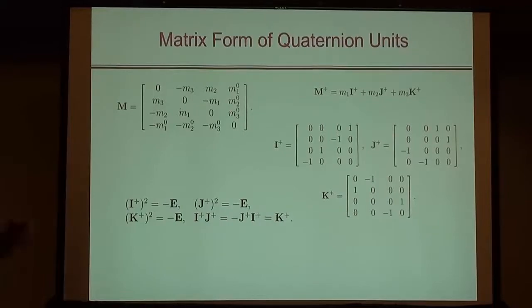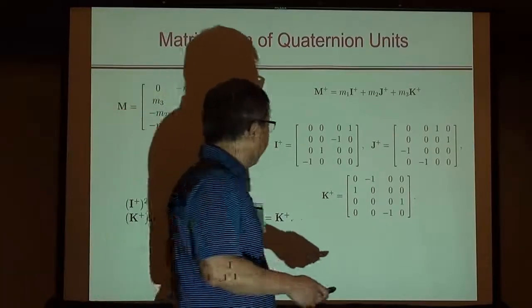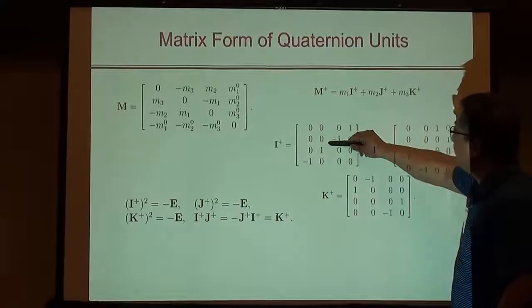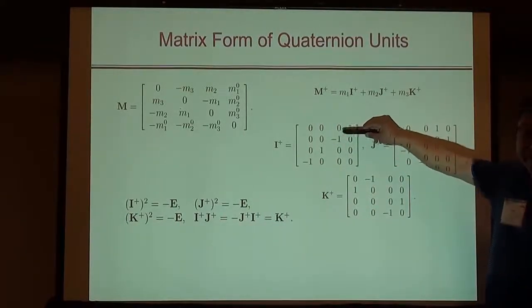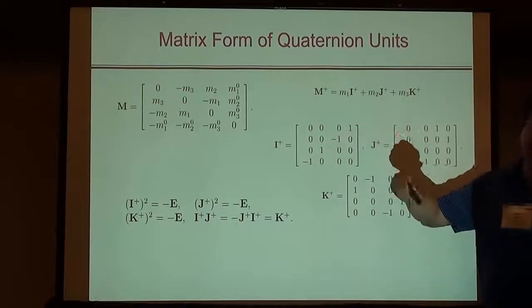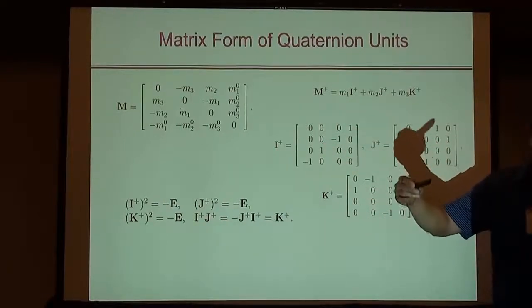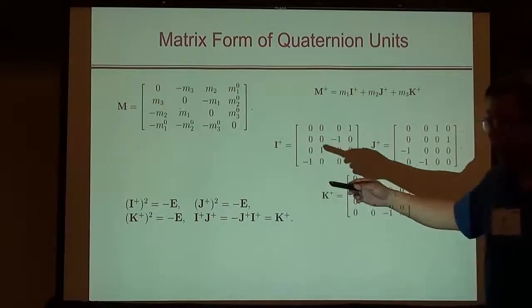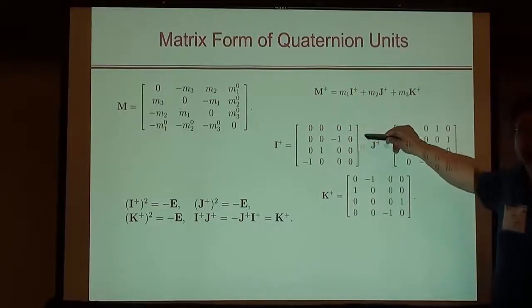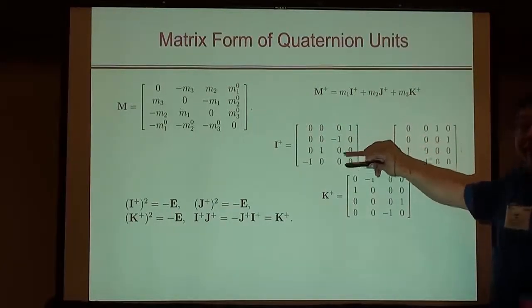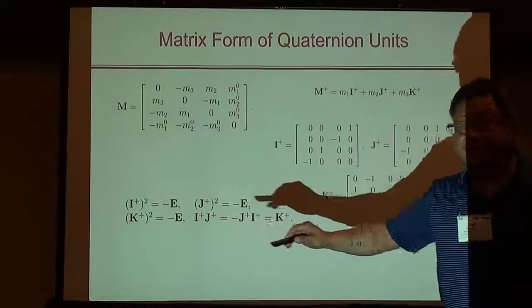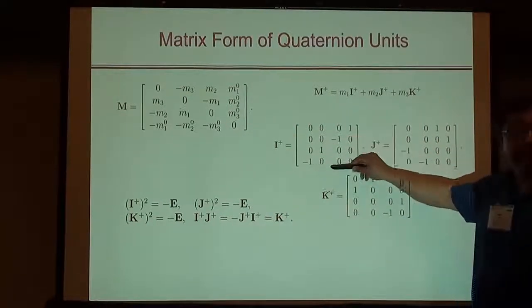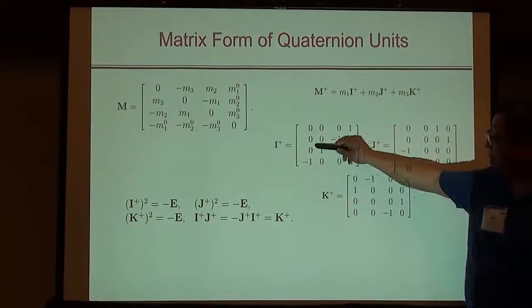Okay. Now, we have said that if we look at a subset, this one is a two-dimensional matrix representation of the complex number imaginary unit i. Okay? And that represents a 90-degree rotation in the plane. Okay? But here we have two of them. We have another one here.